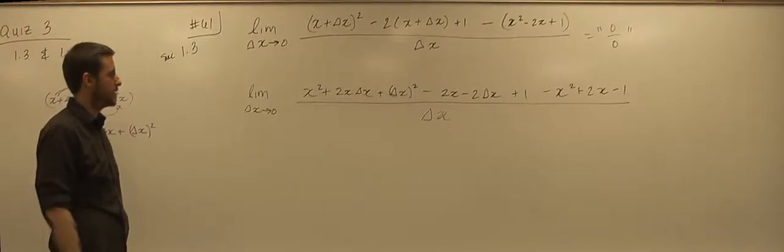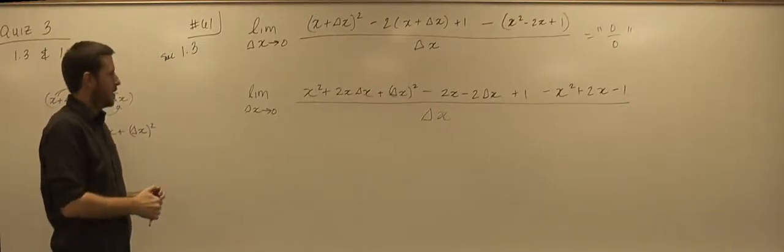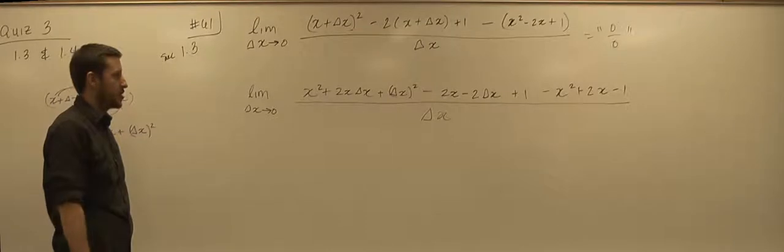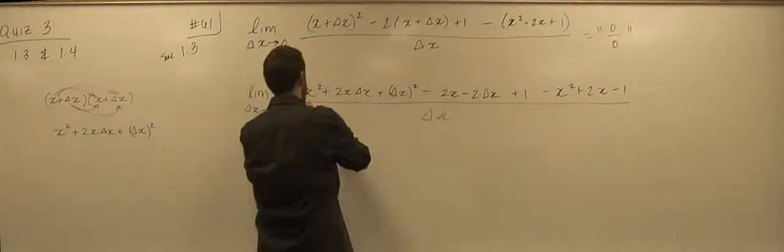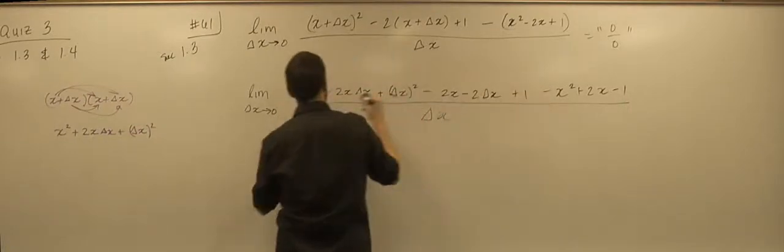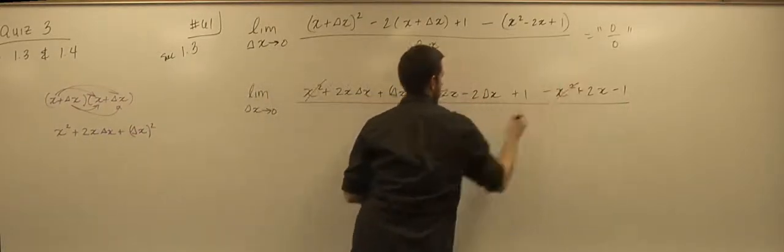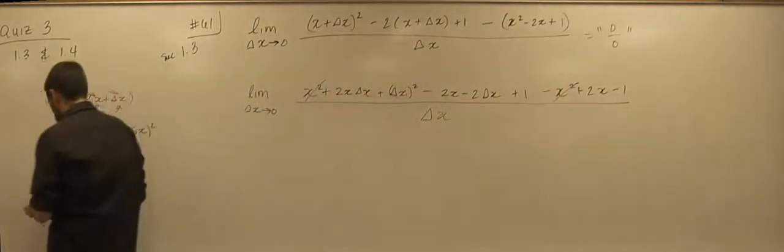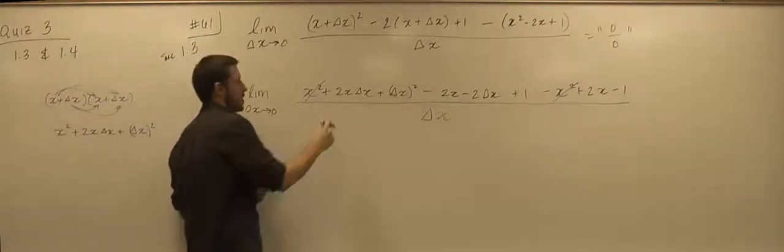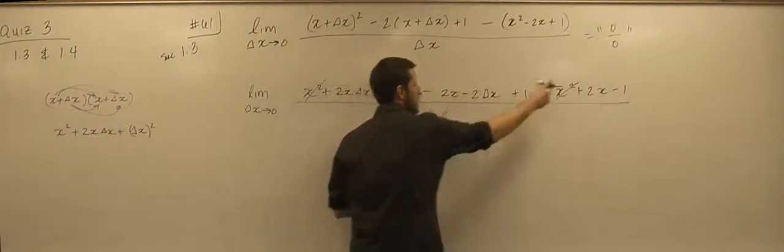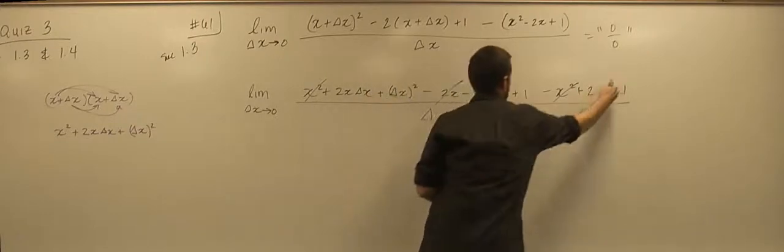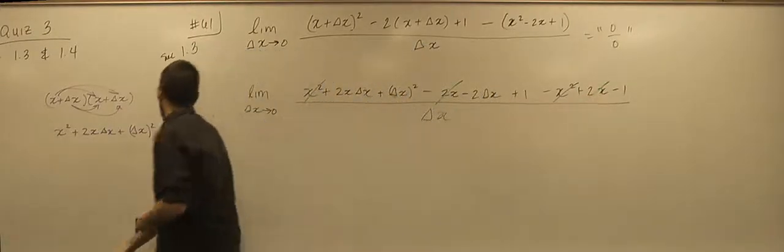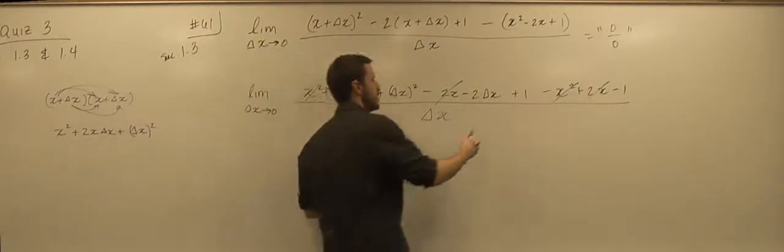You see what happens here? Everything that doesn't have a delta x should drop out. Right? X squared positive, x squared negative. Negative 2x, positive 2x. Positive 1, negative 1.